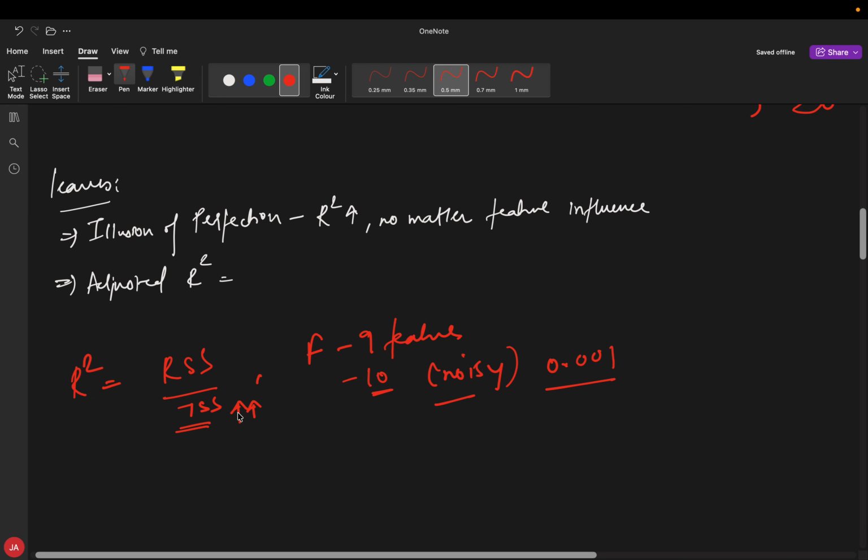Why would my total sum of squares value go up? I don't understand, because it depends upon the mean value, right?